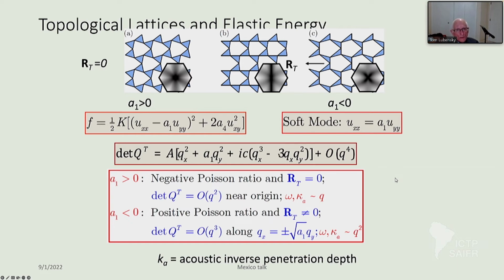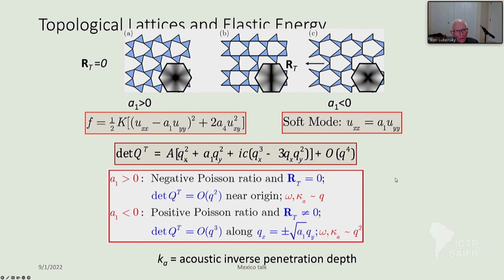From this, you can calculate the determinant of Q, and you can see that when A1 is positive, uxx and uyy have the same sign, which means that you are auxetic. So that applies to this side. If A1 is negative, then uxx is minus a uyy, and you get the standard behavior.